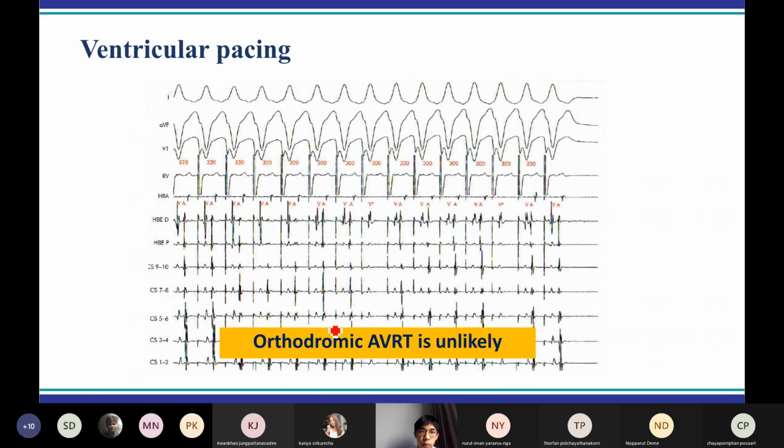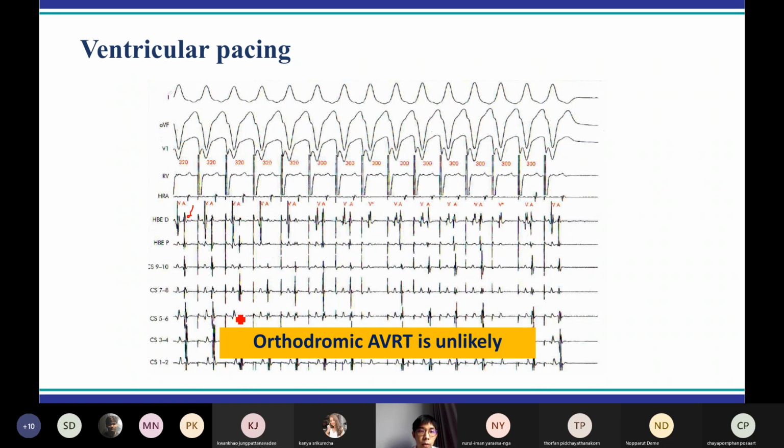This is a ventricular pacing, and you see that there is VA, VA, a ventricular pacing with a retrograde atrial conduction here. And the earliest retrograde atrial conduction is in the His bundle region.